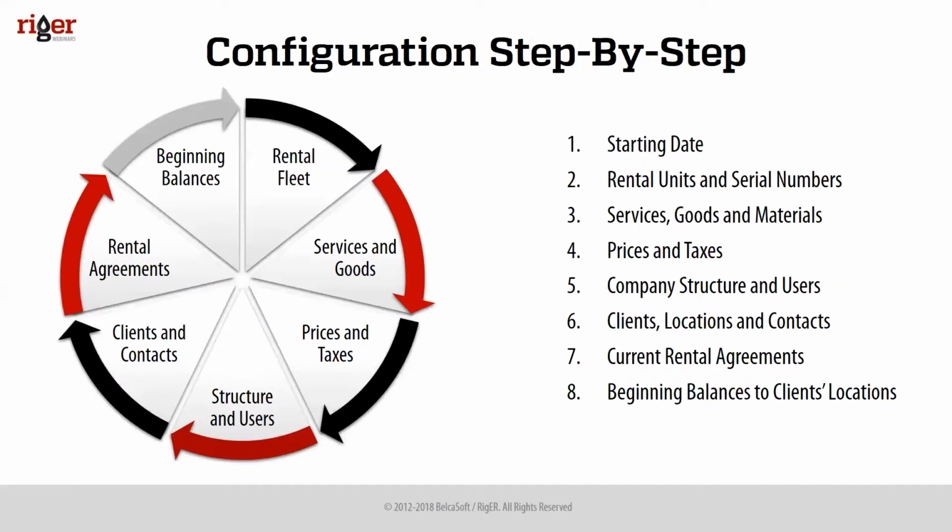If we talk about configuration step by step, we have 8 main steps, from choosing the starting date when we will run all our documents in RigER, then rental units and serial numbers, unit numbers setup, service, goods, materials, prices, taxes, company structures and users, clients, locations, and contacts.